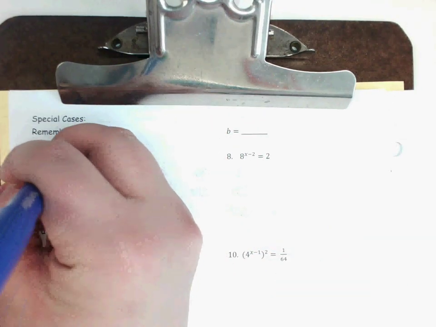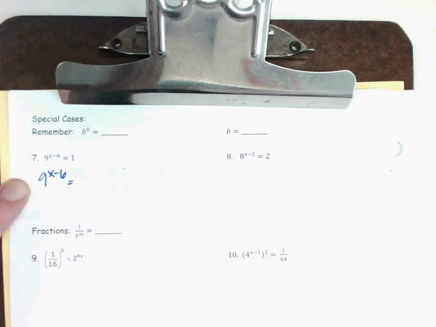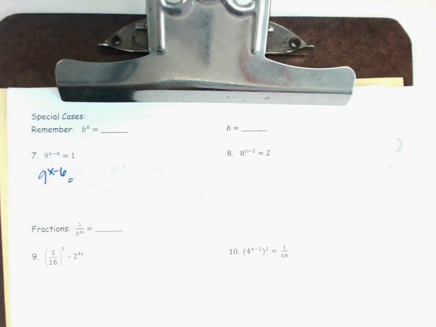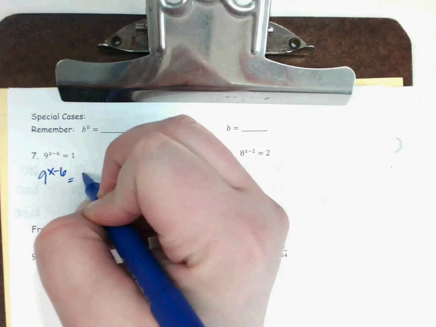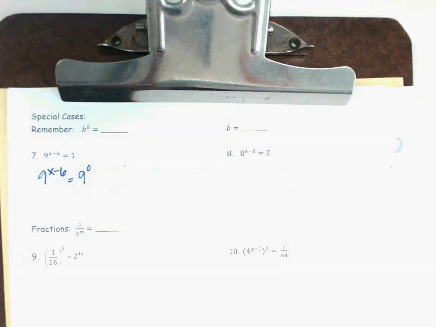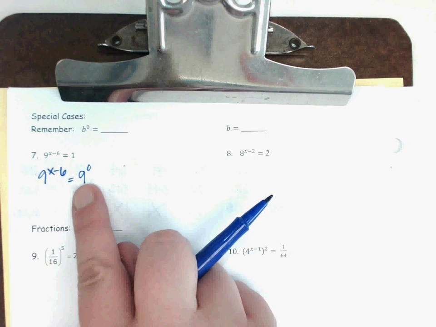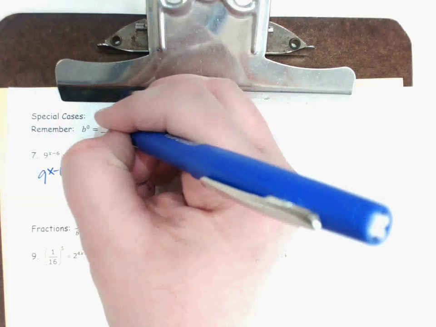9 to the x minus 6. Well, then my 1 needs to convert to be a base 9 as well. 1 can be any base to the 0. Now, if you're not sure about that, type it into your calculator. Anything to the 0 is the same as 1.